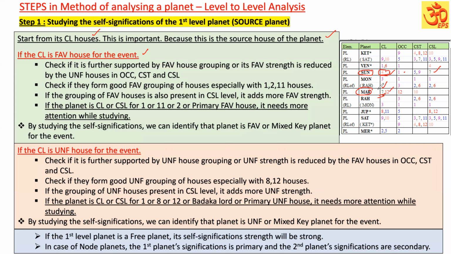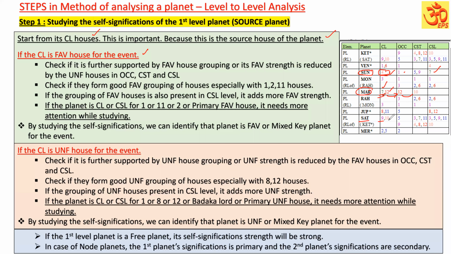Since it is 7th Lord, you check that in OCC it is the 12th house and CST also the 10th house. So when the planet's favorable house is not further supported by OCC and CST, the favorable strength is reduced.